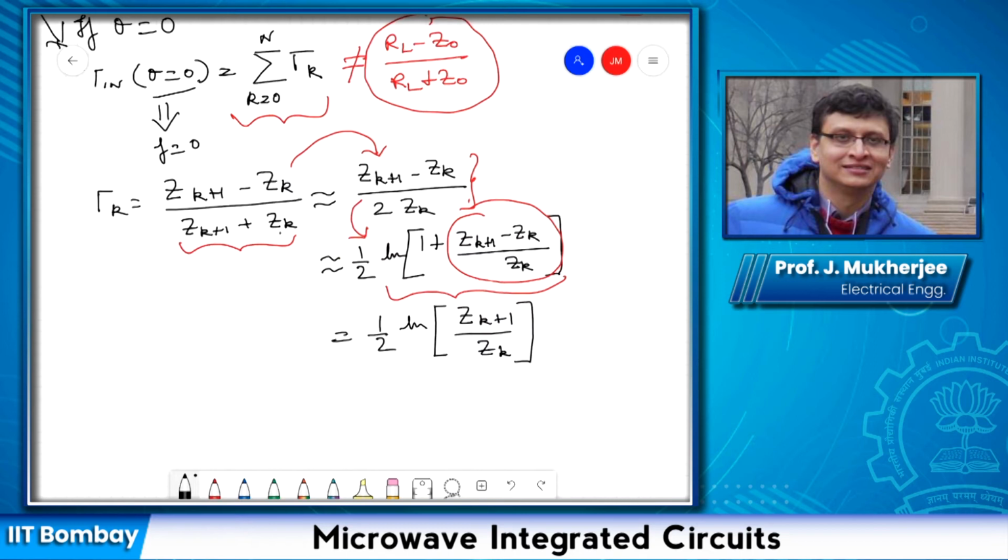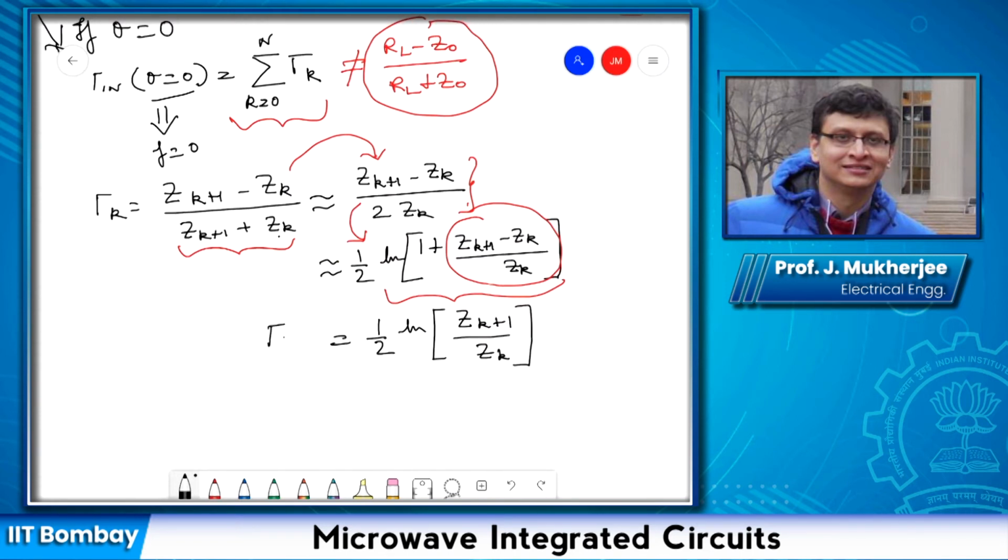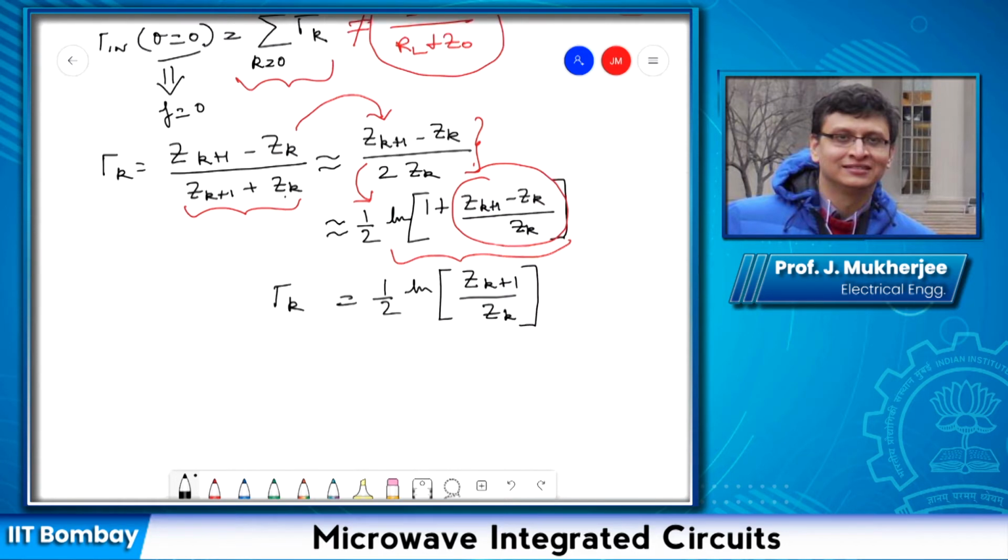Okay, if this is the value of gamma k that we take, then we obtain a consistent solution, because now if we take the summation of all gamma k's, this summation is equal to half of ln RL upon z0.